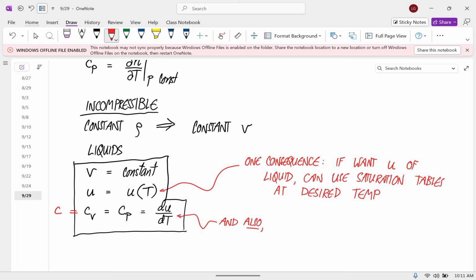When we're talking about gases, we have to keep those two things separate. But with liquids, we're just going to call it C since they're the same. But also, another nice thing is C doesn't change very much as the temperature changes.